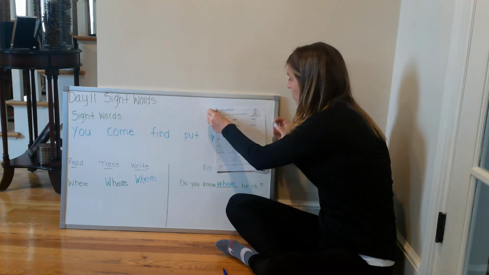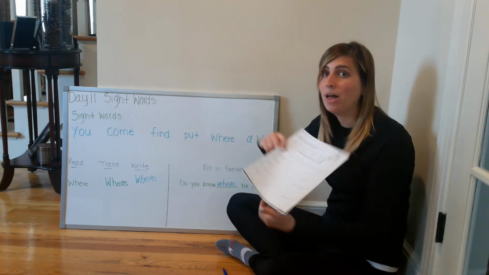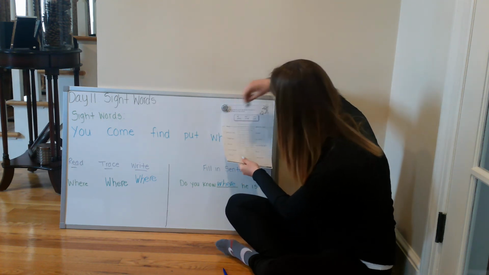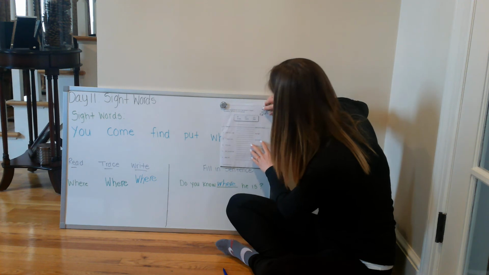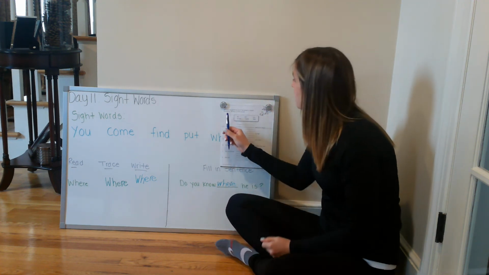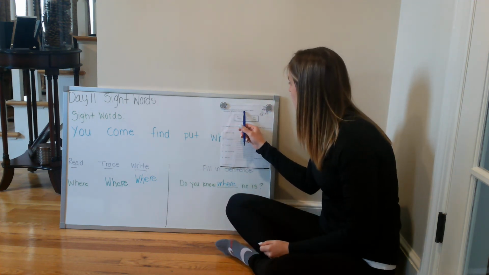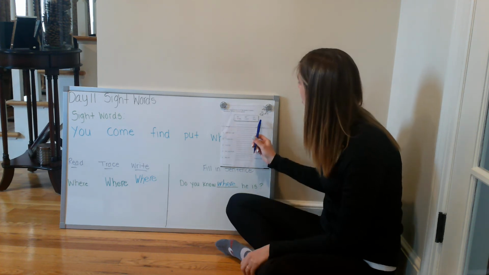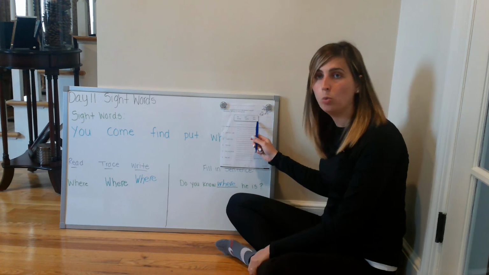So let's flip our paper over so we can do an example on the back together. So let's first read the directions on the back. It says, choose the word to fit in the space in each sentence. Write it in the space. Over here, this is a word bank.